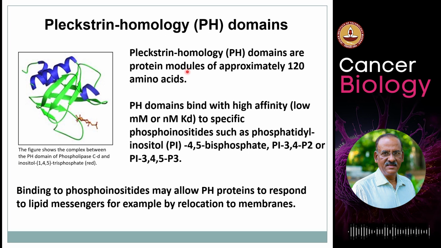These are the residues which can be phosphorylated. Accordingly, you can have bisphosphates or triphosphates. Binding to these phosphoinositides may allow PH domains to respond to lipid messengers.